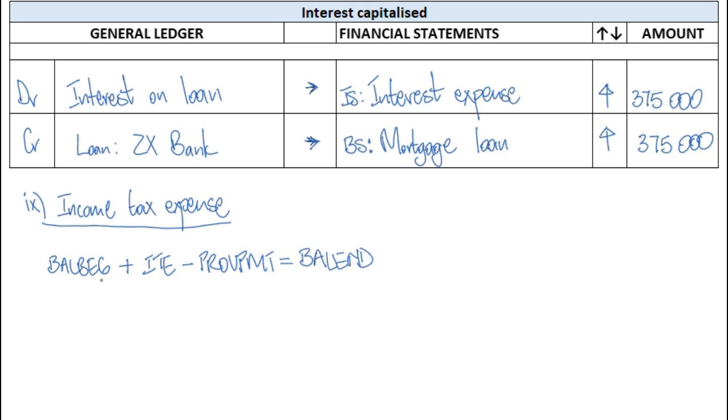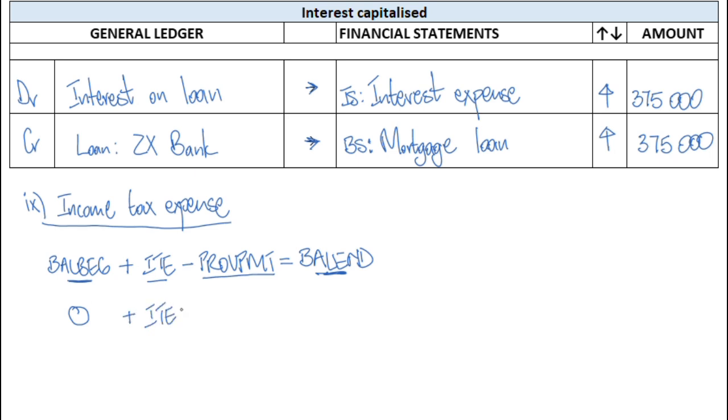What that is basically saying is that if we want to find the balance at the end of the year, we must take the balance at the beginning of the year, add the income tax expense for the year, subtract any provisional payments that we've made during the year, and we will get the balance at the end of the year. Right, so let's find the values. The balance at the beginning of the year, we said it's 0.